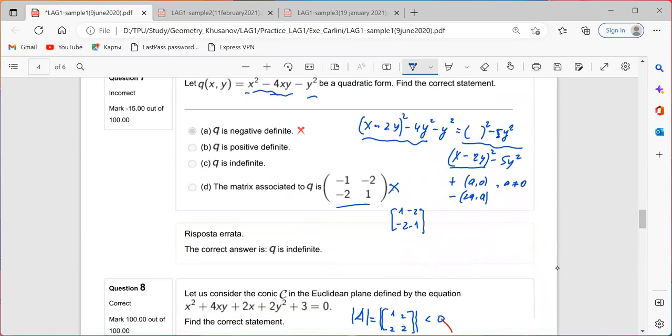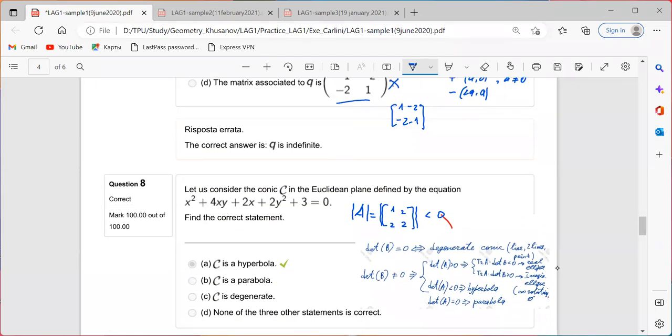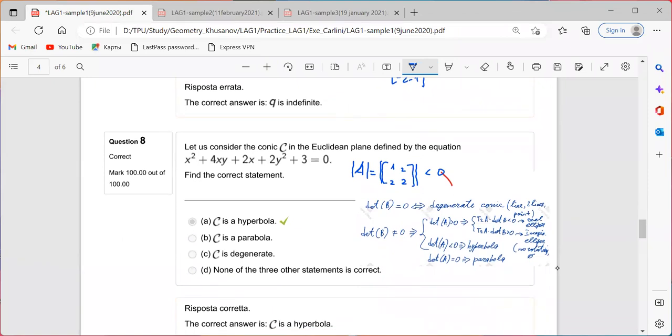Okay, 8 again. We have some kind of conic C in a 2-dimensional space. Conic means that we have some kind of hyperbola, parabola, or degenerate situations.